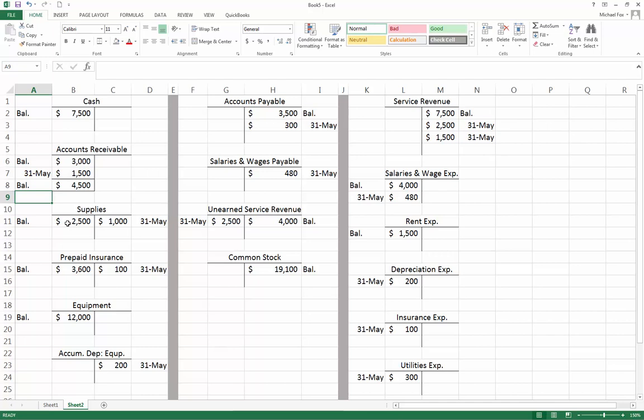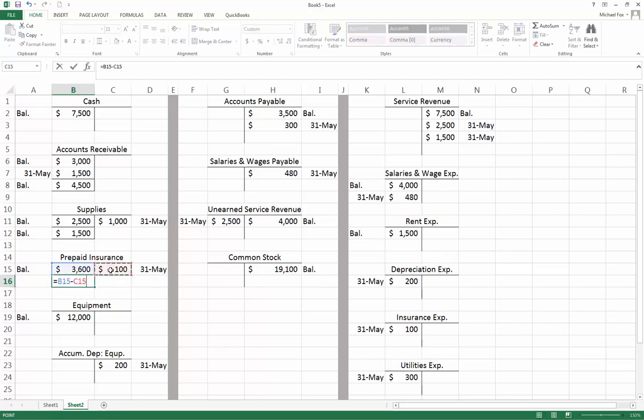Here on supplies, I have a 2,500 on the debit side, 1,000 on the credit. So my new balance will be the debit minus the credit. And I go through and do this for each account. Prepaid insurance, the debit side minus the credit side.